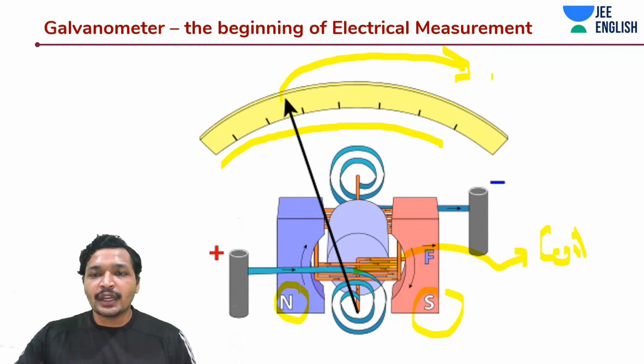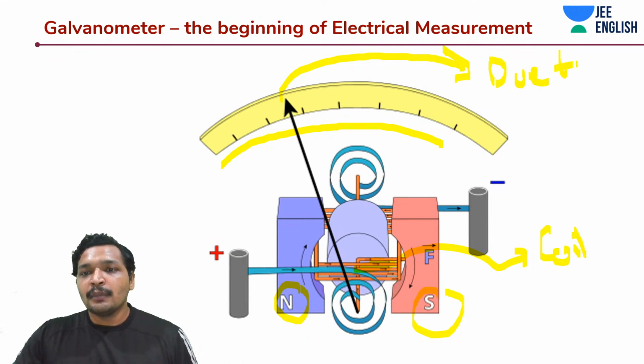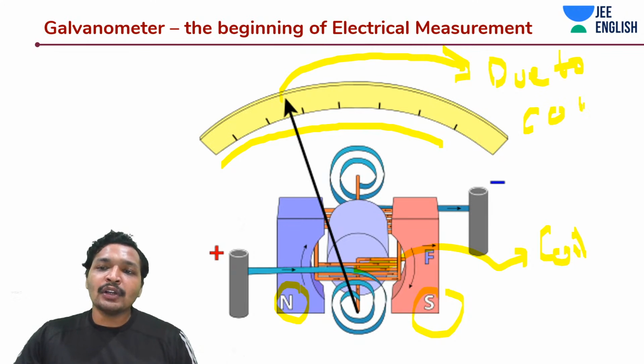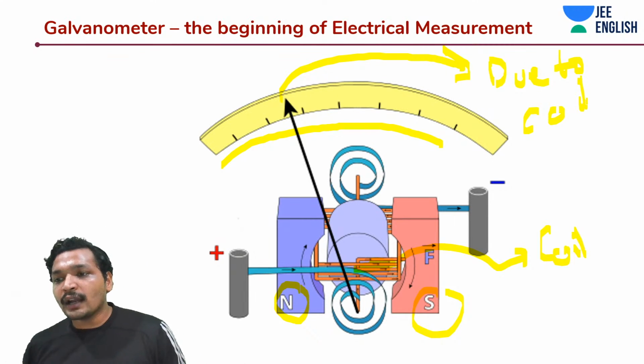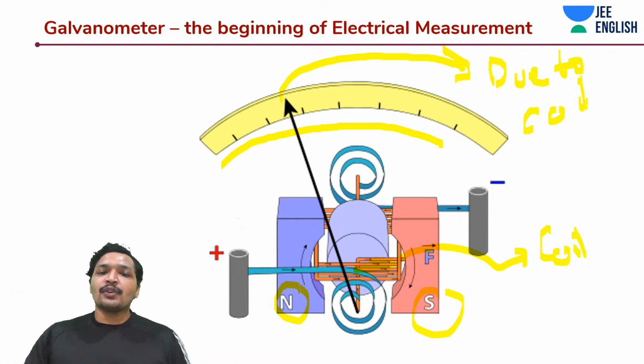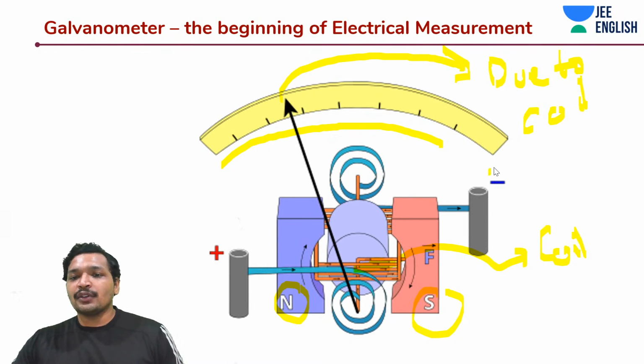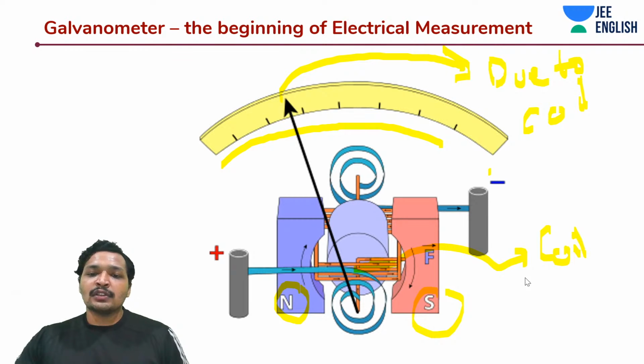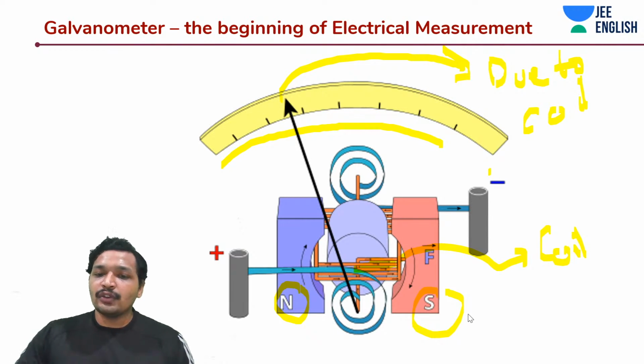Why is the coil rotating? Because there is a change in current. A new current flowing inside this coil means del cross E is equal to B, or del cross B is equal to E.